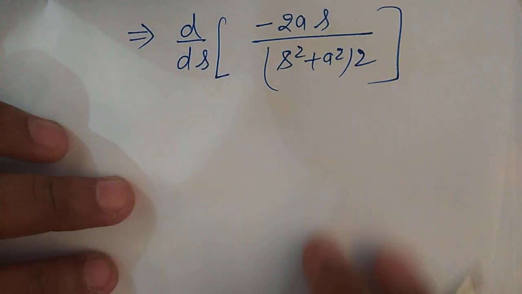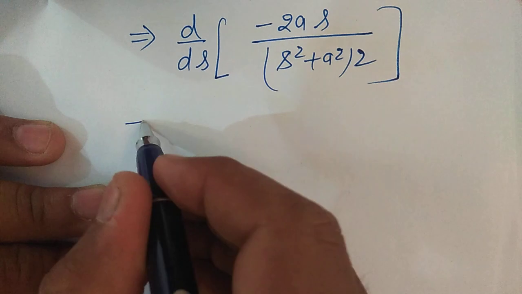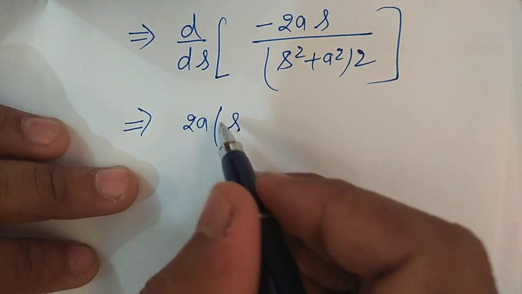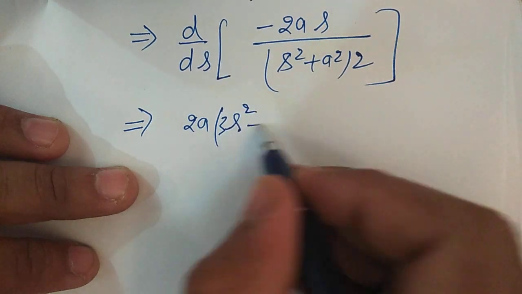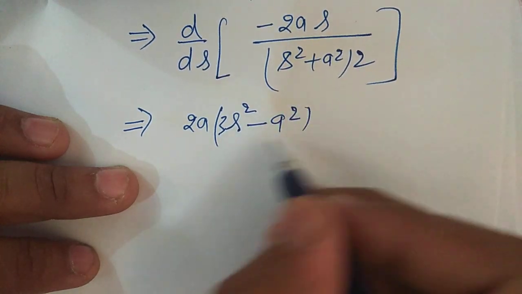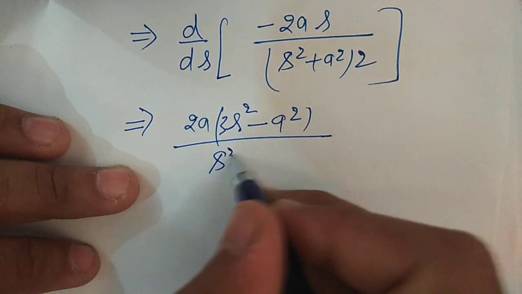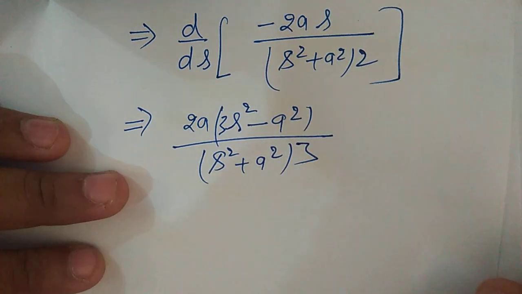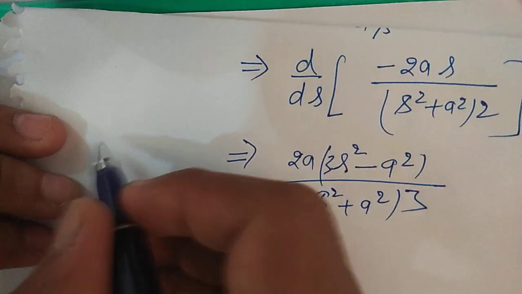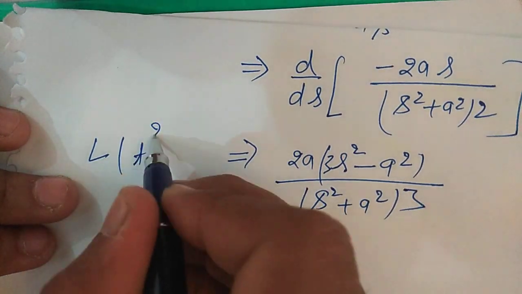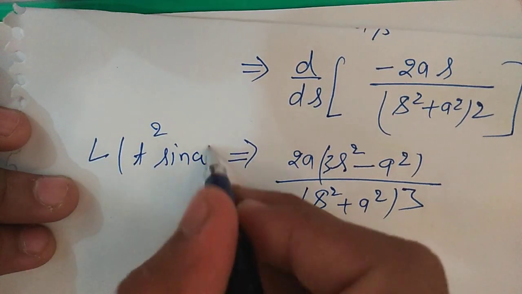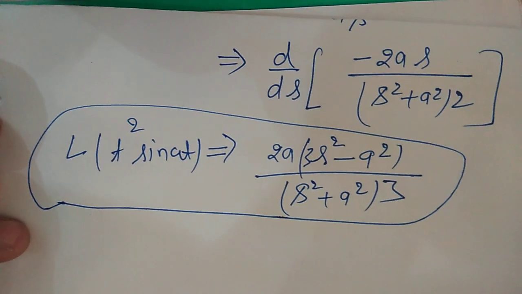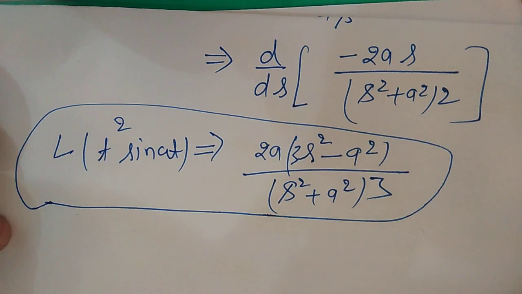If you differentiate once again, we get the answer 2a times 3s square minus a square by s square plus a square whole cube. So this is your Laplace transform of t square sin at, using the formula Laplace of t power n f t.